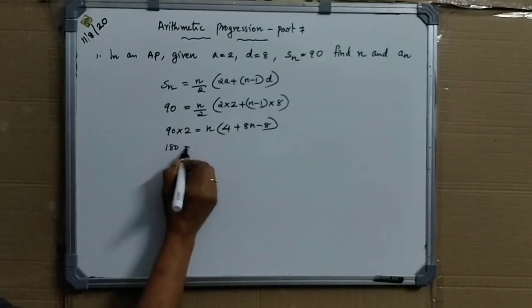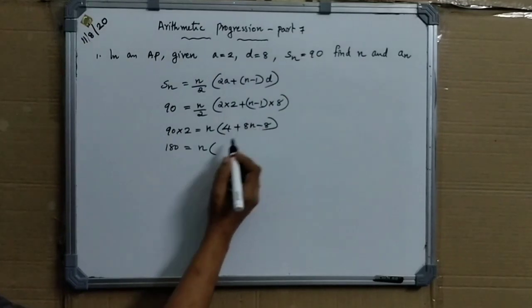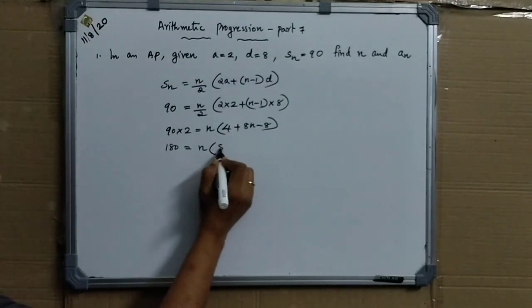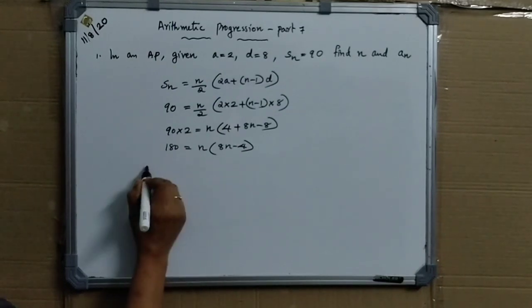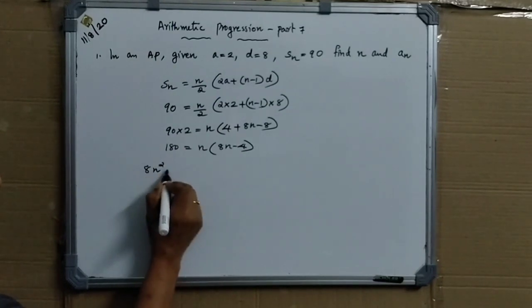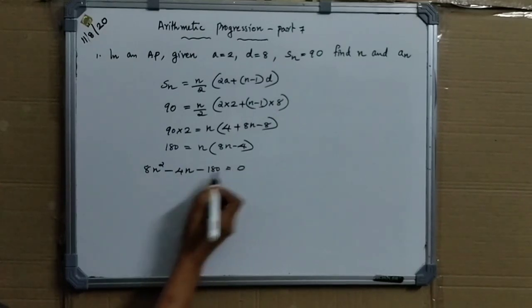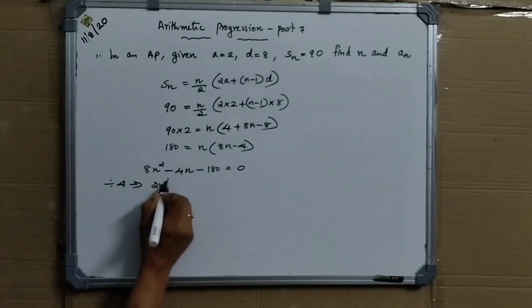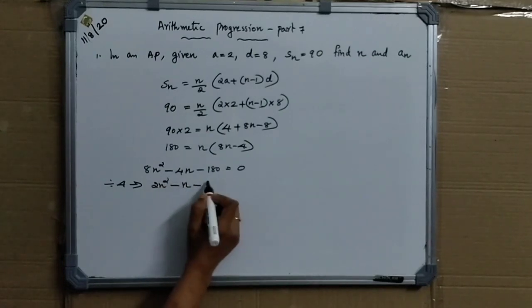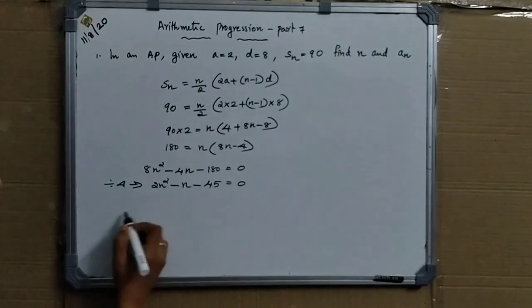So 180 equal to n into (8n minus 4), that is 8n square minus 4n. We get 8n square minus 4n minus 180 equal to 0. If you divide throughout by 4, we get 2n square minus n minus 45 equal to 0.